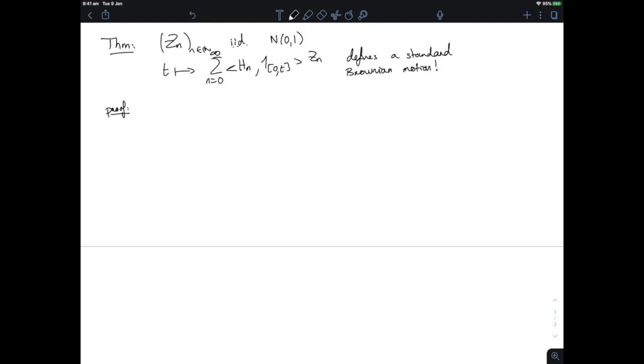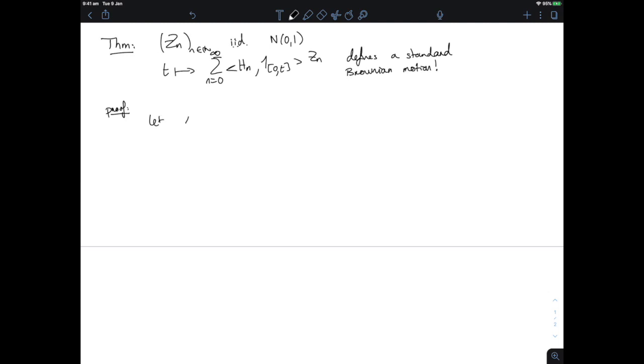Okay, time to construct our Brownian motion. So we have our IID sequence of N(0,1) variables, and we're going to construct the Brownian motion as this series. So I'll show that this series converges and that this defines a standard Brownian motion. To do that, first of all, I'm going to throw away a set of measure 0.